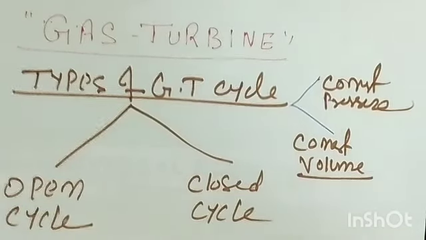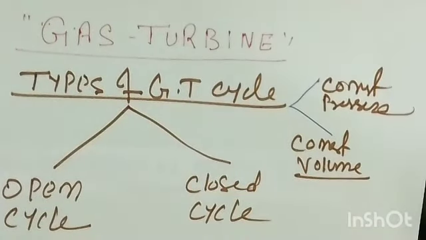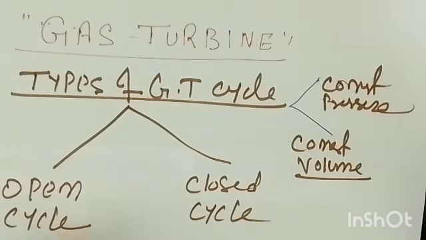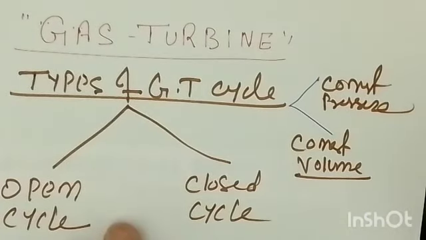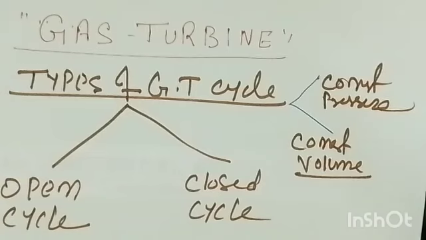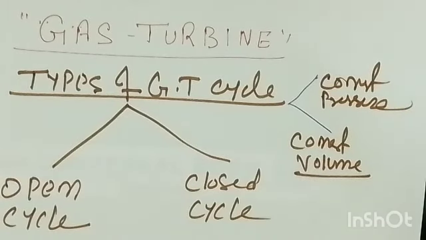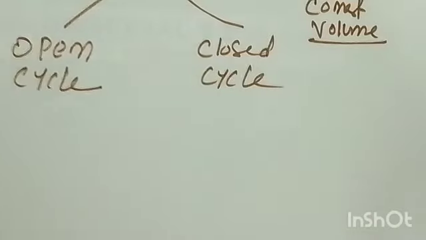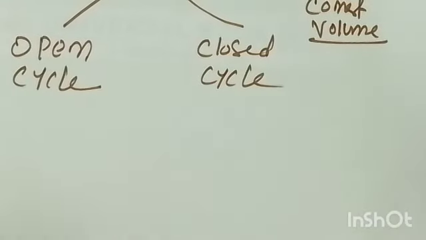Now we will look at the construction, that is, the main parts of a gas turbine cycle. As you know, in any gas turbine cycle there are mainly three components: compressor, combustion chamber and turbine. So let's see a schematic diagram of a gas turbine cycle. Here we'll go very carefully.